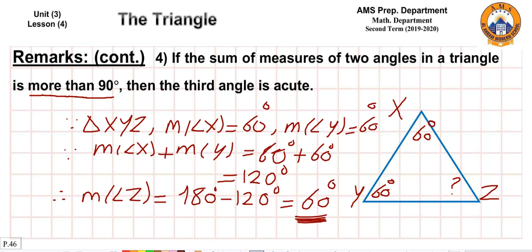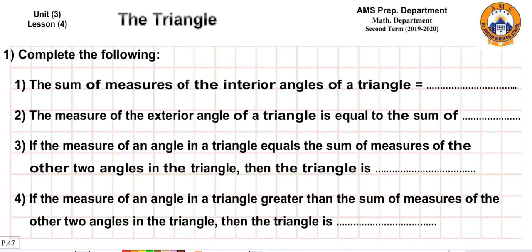Okay, now open your booklet, page 47. Complete the following. The sum of measure of the interior angles of a triangle equals, yes, this is our theorem, equals 180.